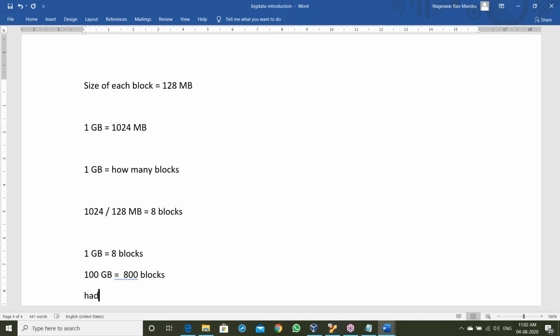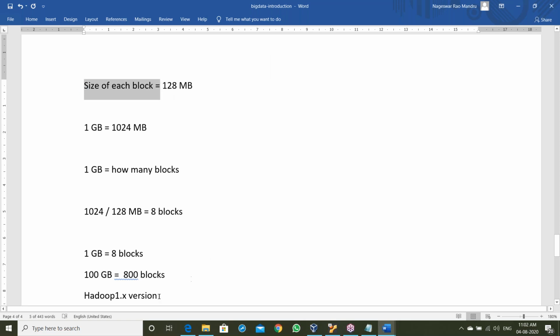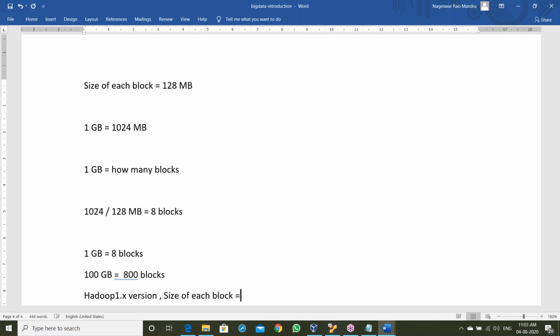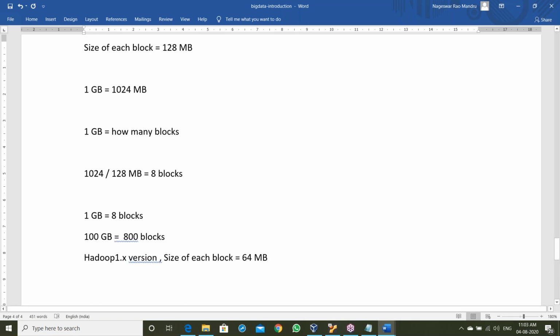Hadoop 1.x version. In this version, the size of each block is equal to 64 MB. Then a 100 GB data file is equal to 1600 blocks.